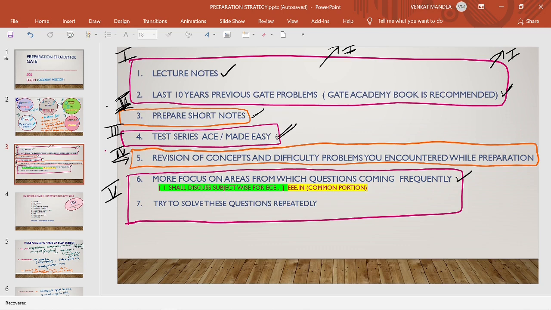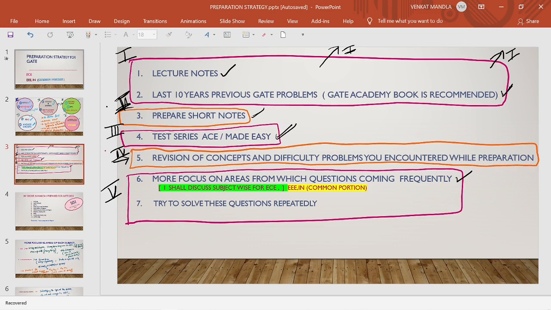Then the test series, ACE and Made Easy. You probably start it at the end of your preparation, but don't do that. At the end you have to take care of revision of concepts, so you have to complete these things in between.